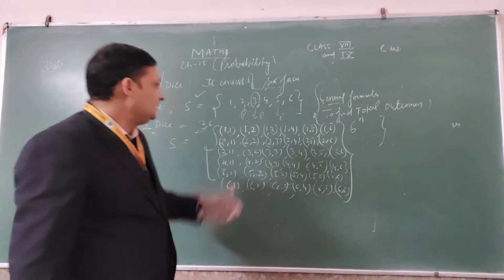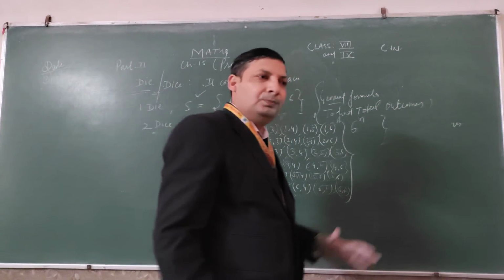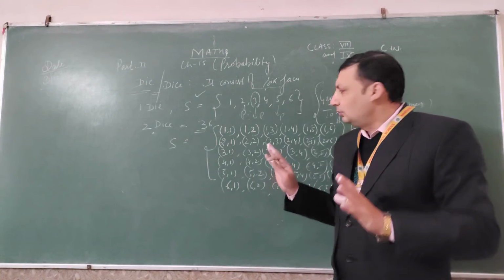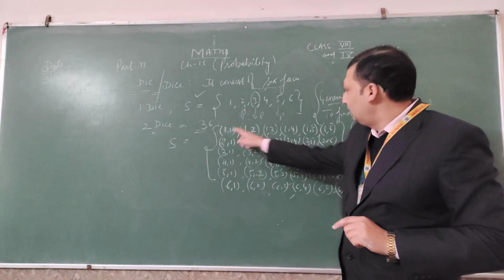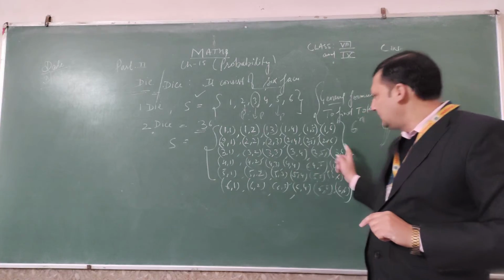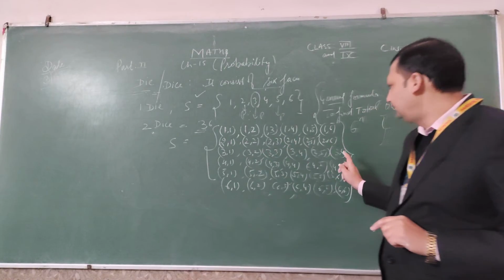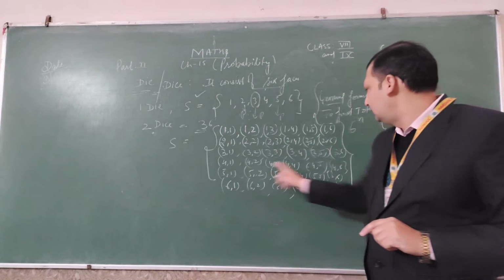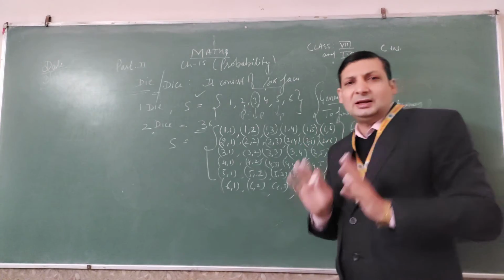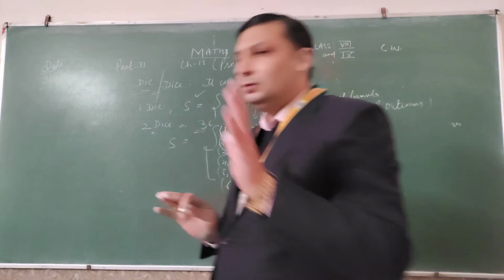So dear students, these are the possible outcomes whenever we toss two dice, for any class. It's a simple way to write the total possible outcomes for two dice.